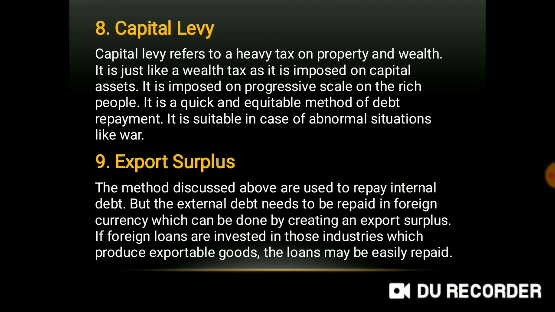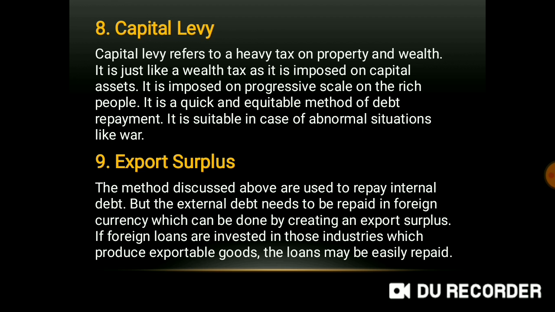Lastly, we have the export surplus. Whatever methods that we have done before this were the methods to pay the internal debt, that is the debt within the country. So sometimes the government also takes loans from the outsiders which have to be paid in the foreign currency.